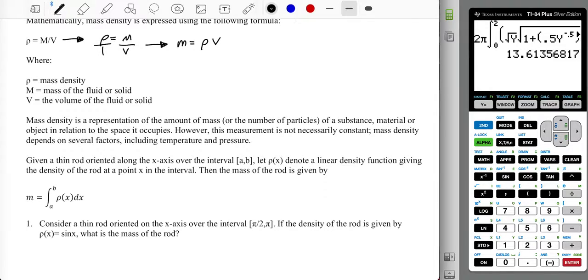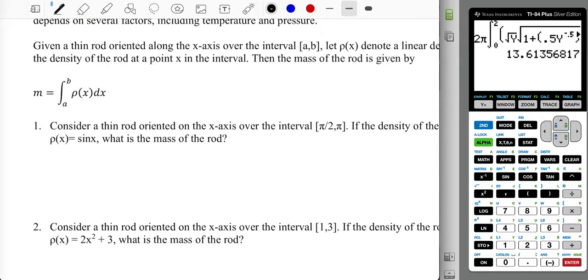All right, so very simple. If you have this relation to find the mass over the interval of pi over 2 to pi, rho is given to be sine x. It's oriented along the x-axis.